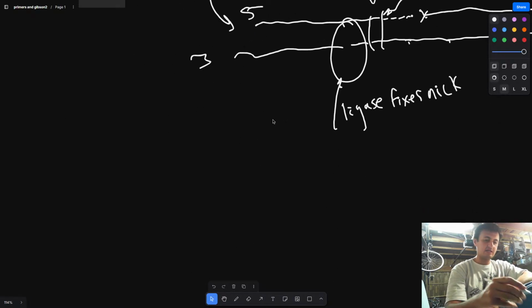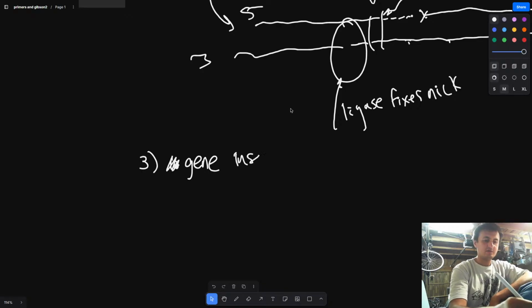Okay, then the last thing I want to know, this is kind of the bad order, I would have preferred to do it the other way, but figure out gene insert primers.